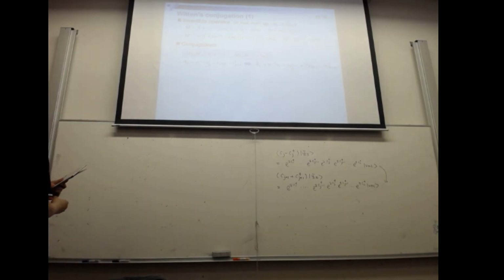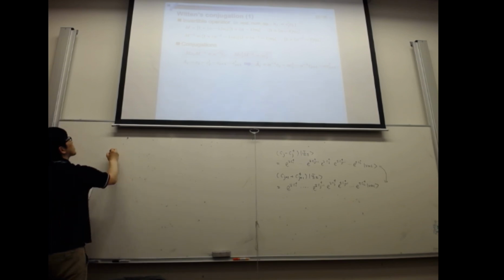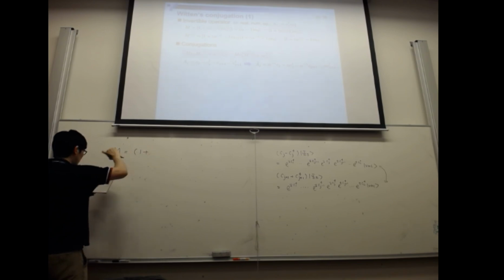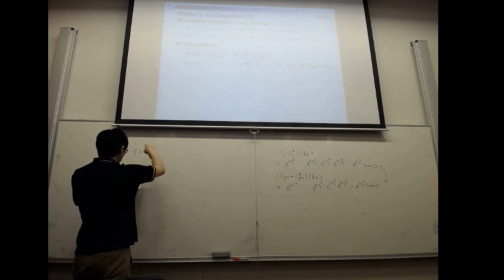So this M operator looks complicated, but this is just a product of some constant times a number operator.